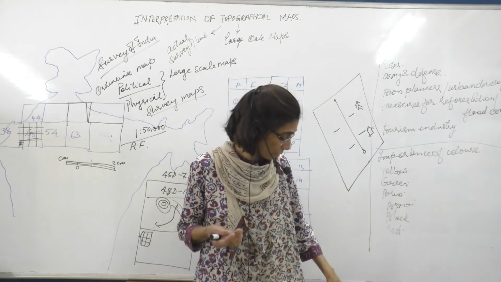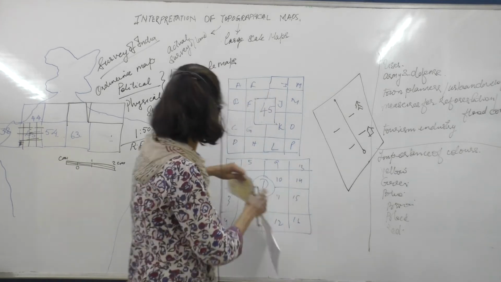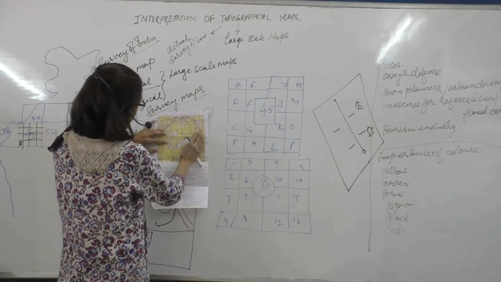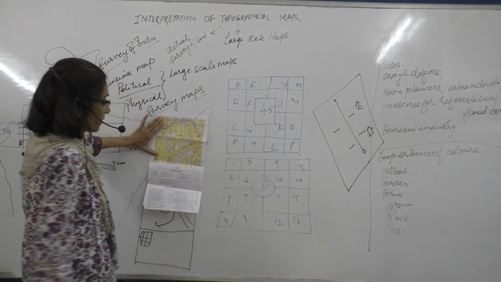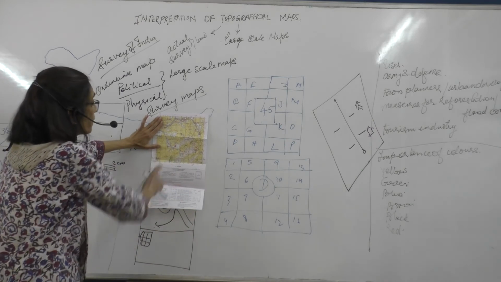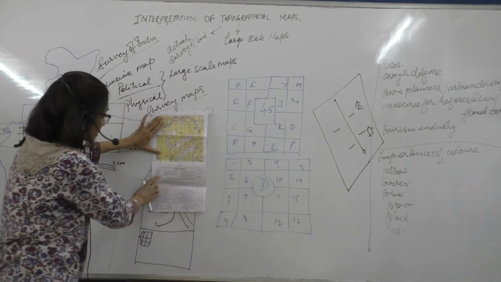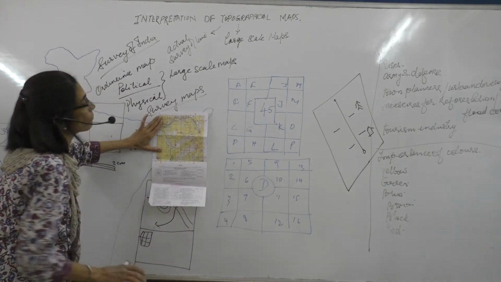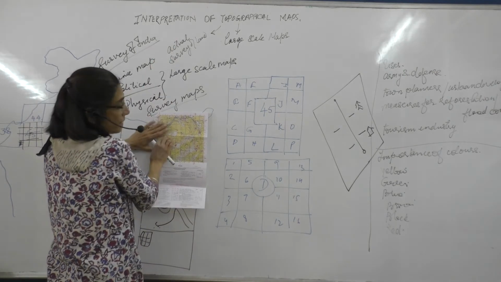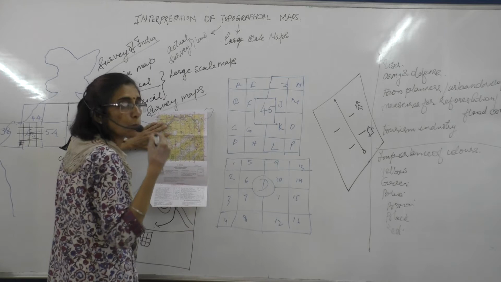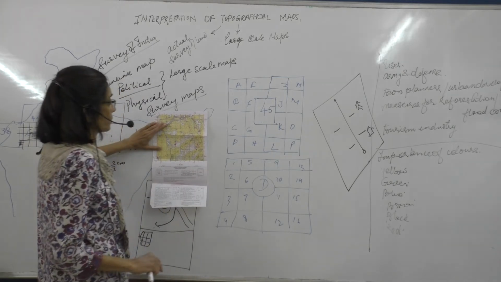If you have seen the topographical maps, they are something in this manner. What you may get in the examination is something in this manner. You get it in the exams, and you are basically not required to speak about this, which is given here, 45D by 10, but rather you may be asked to interpret, to understand this and write what is the meaning of the given statements over here.